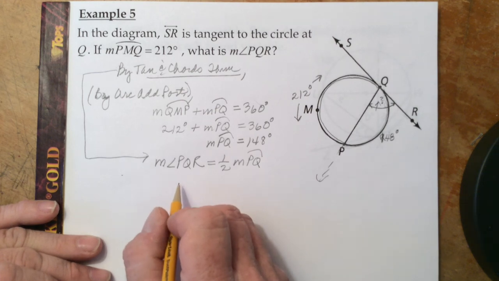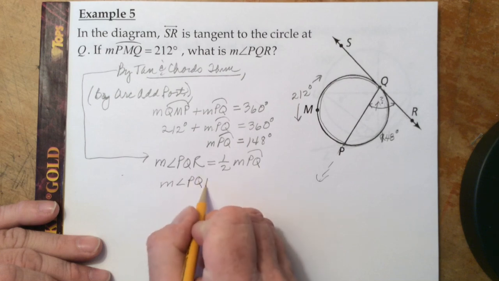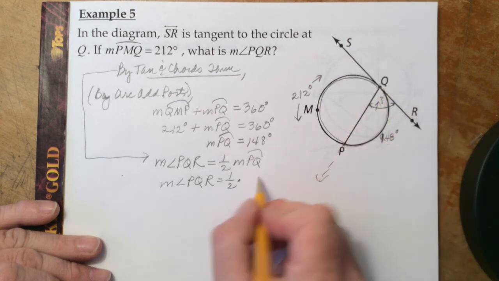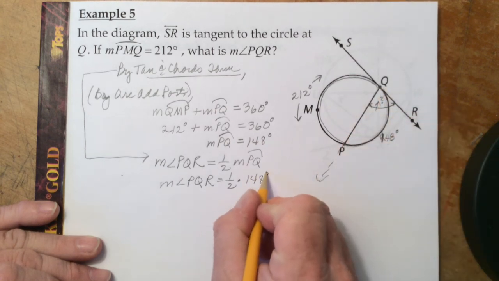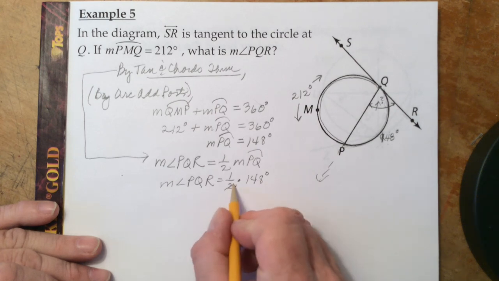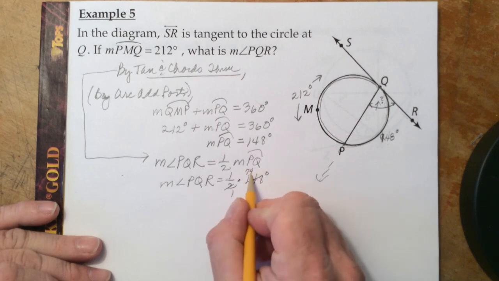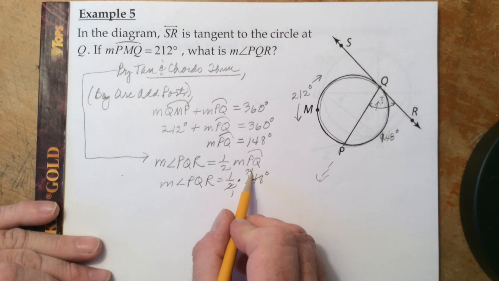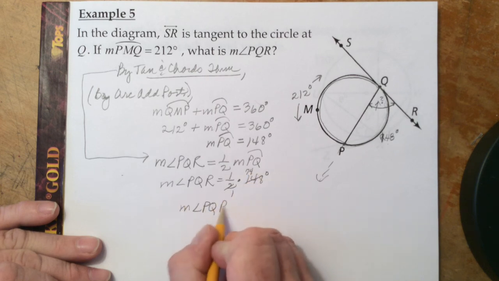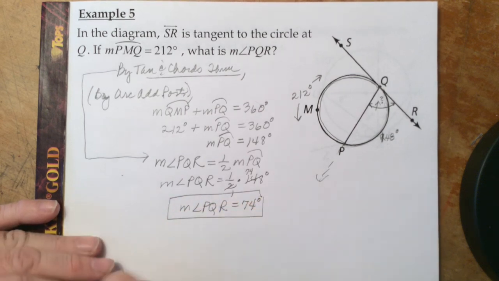Substituting in what we know once again, the measure of angle PQR we're looking for equals 1/2 times the measure of arc PQ, which we found to be 148 degrees. 2 and 148 are divisible by 2. 2 goes into 2 once, and 2 goes into 148 74 times. So now we have 1 times 74 degrees over 1, or just 74 degrees. So the measure of angle PQR is equal to 74 degrees right here.